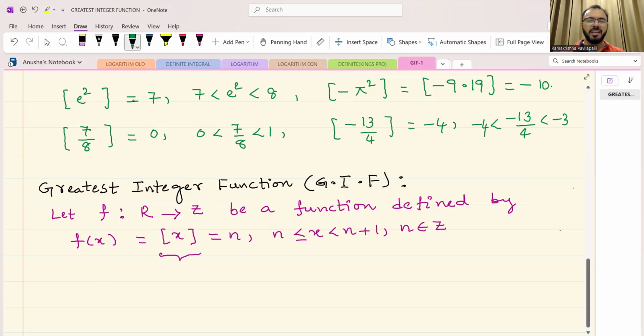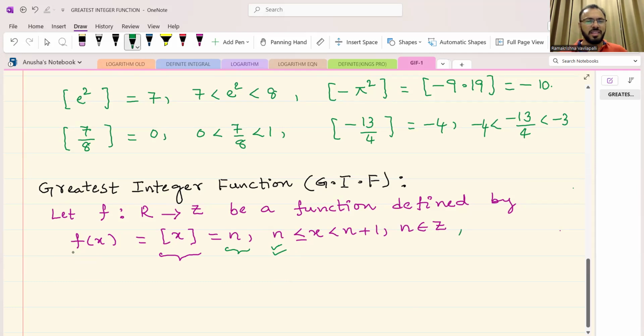Okay, how to read it? Integral part of x equal to n. Once again, you keep in your mind that you try to fit the given real number between two consecutive integers. So here x lies between n and n plus 1. You always choose the left integer where n is an integer.